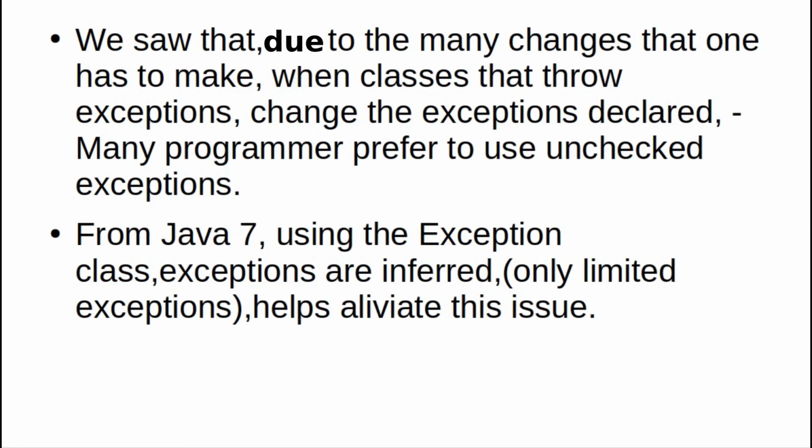This helps alleviate the maintenance issues of all the places you've got to change when there are changes made in a class or method where you declare or remove a checked exception.